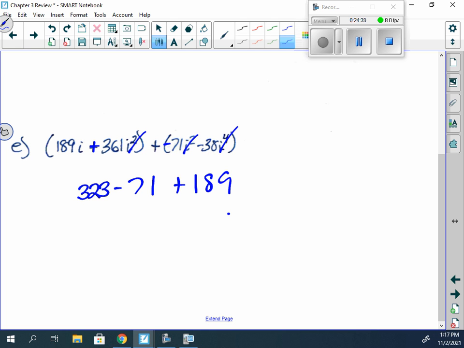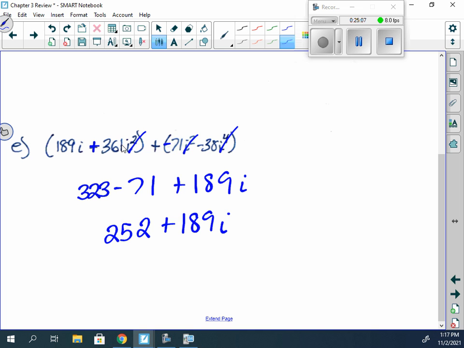So 252 plus 189i. I believe the calculator said 252 plus 189i, but the calculator can do it for us.